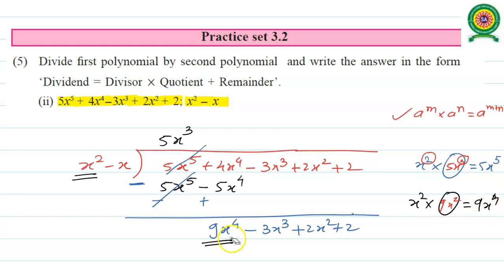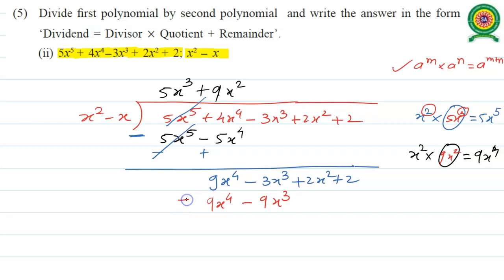So now we have to multiply our divisor by 9x square. So we are multiplying the divisor by 9x square. 9x square into x square, we are getting 9 times x to the power 4. Next to it, 9x square into minus x, we are getting minus 9 times x square into x, we have x cube.